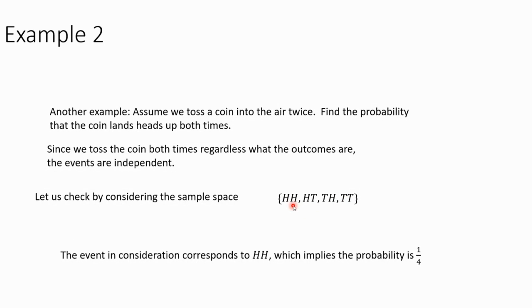You can see that the probability of getting heads on both tosses is a quarter. I'm just trying to illustrate that this result should be true. You can list the sample space, but theoretically, you don't have to, which is nice.